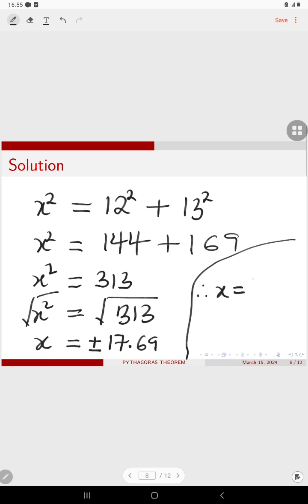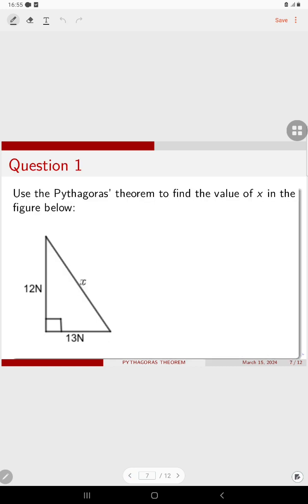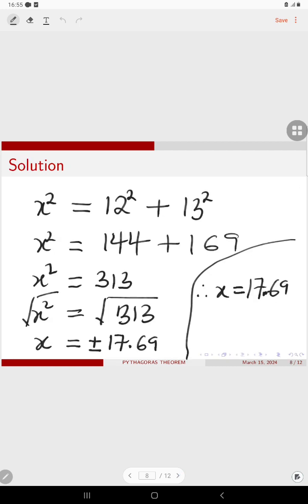X is equal to 17.69, to 2 decimal places, and the unit is in newtons. So that answers the first question. I hope you are following.